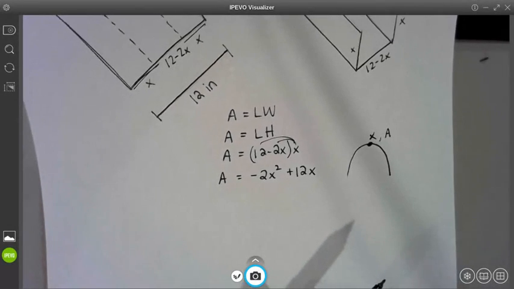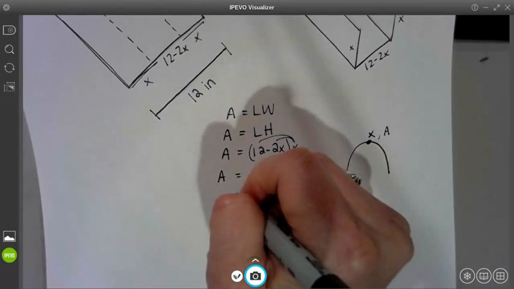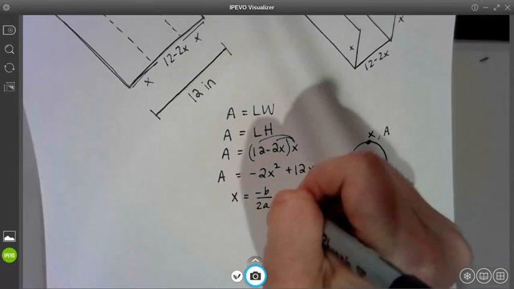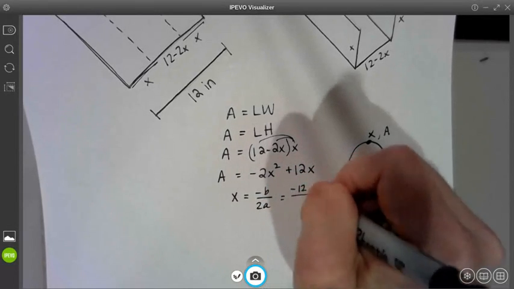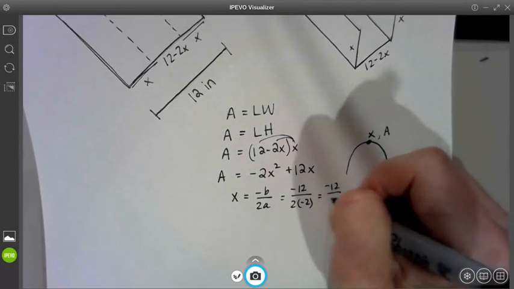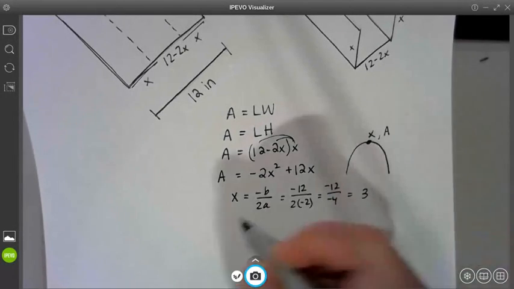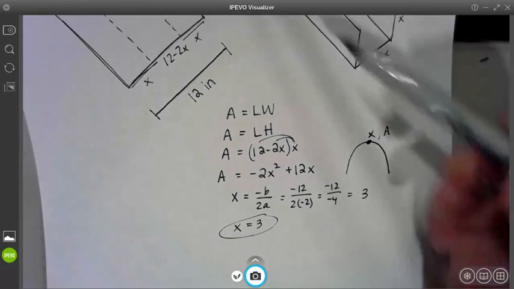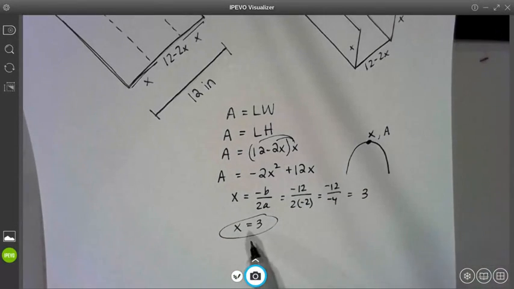So a little negative b over 2a will get us this answer. So x equals the opposite of b over 2 times a. So negative 12 over 2 times negative 2 is negative 12 divided by negative 4, and we get 3. So with a depth of 3, I believe we're in inches, with a depth of 3 inches, that'll get you your maximum cross-sectional area, okay?